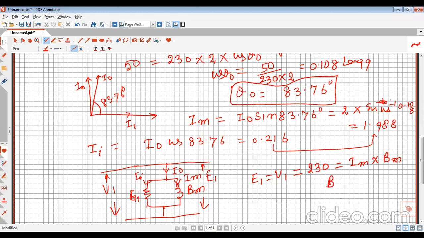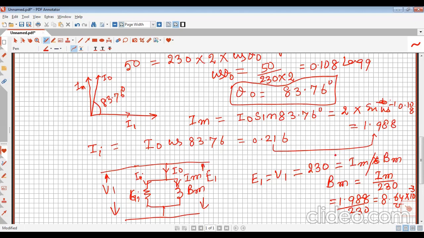So BM will be equal to, in fact, IM divided by BM, since it is susceptance, not reactance, so it will be divided. So from here we can write BM will be equal to IM divided by 230, and IM is 1.988, divided by 230. So it will give us 8.64 into 10 to the power minus 3. Minus 3 unit will be mho.